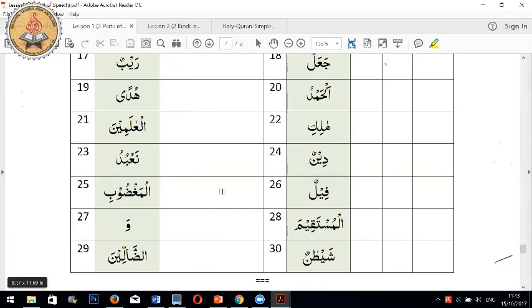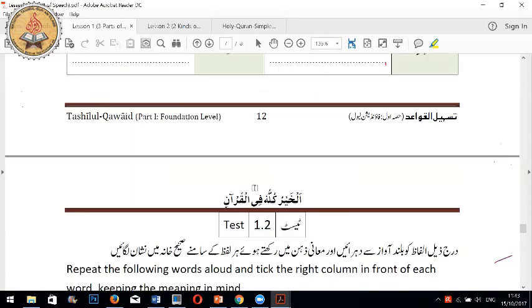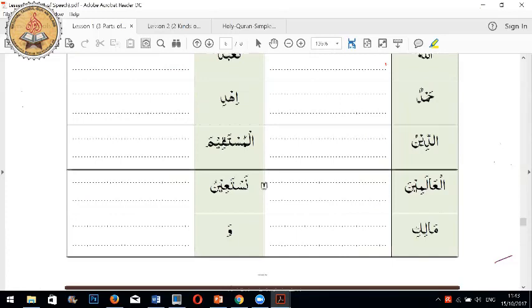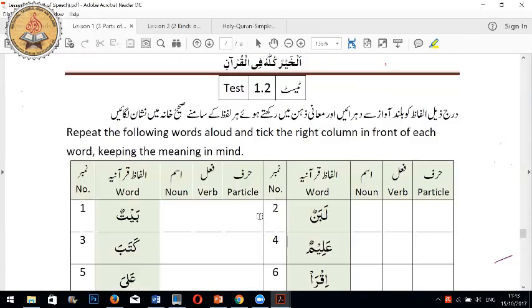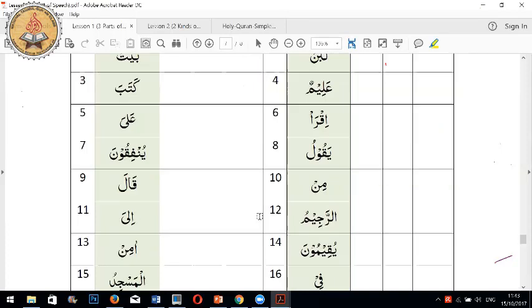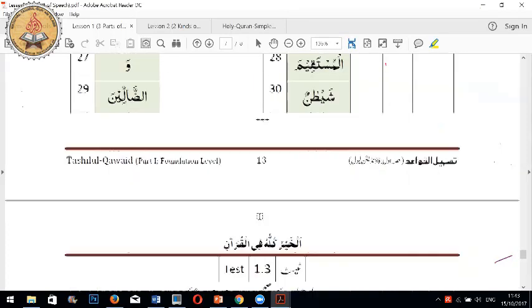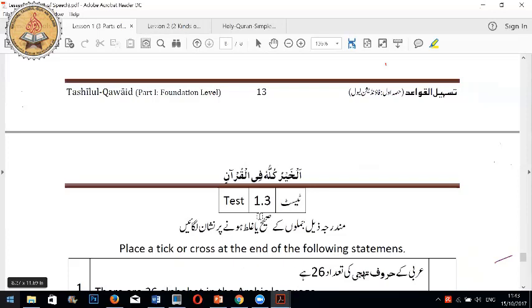What we are going to do with this test, or any test which is coming in this course, this 1.1 or 1.2 or 1.3: first you try yourself, concentrate, revise your lesson, and keeping your notes away, just attempt.